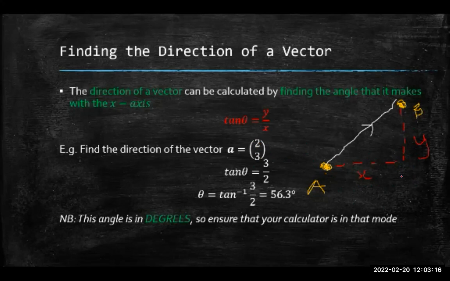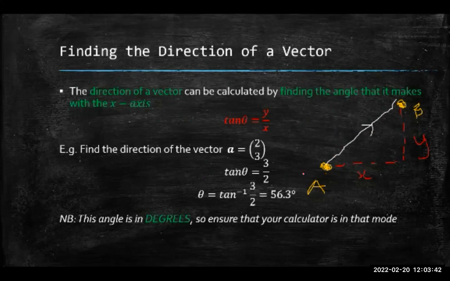And I said, if you want to find the direction of a vector, whether for additional maths or physics, you always consider the angle that it makes with the x-axis. So you see the angle this vector, this arrow, makes with the x-axis, which is this horizontal line.